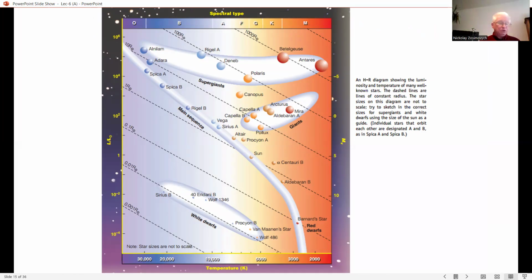In this figure, you can see that Procyon B is a white dwarf, slightly warmer than the Sun, but about 10 times less luminous. Build a scientific argument based on evidence to resolve this question. Why do astronomers conclude that white dwarfs must be small stars? Try to find your explanation, please.